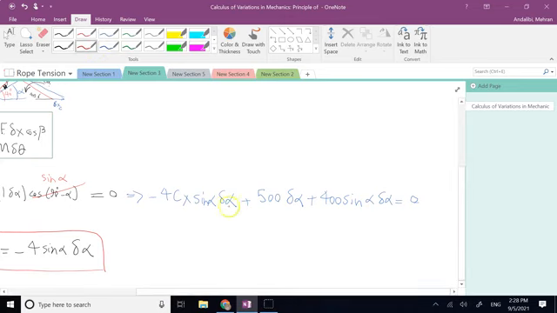Here they all have a del alpha term, which cannot be 0.